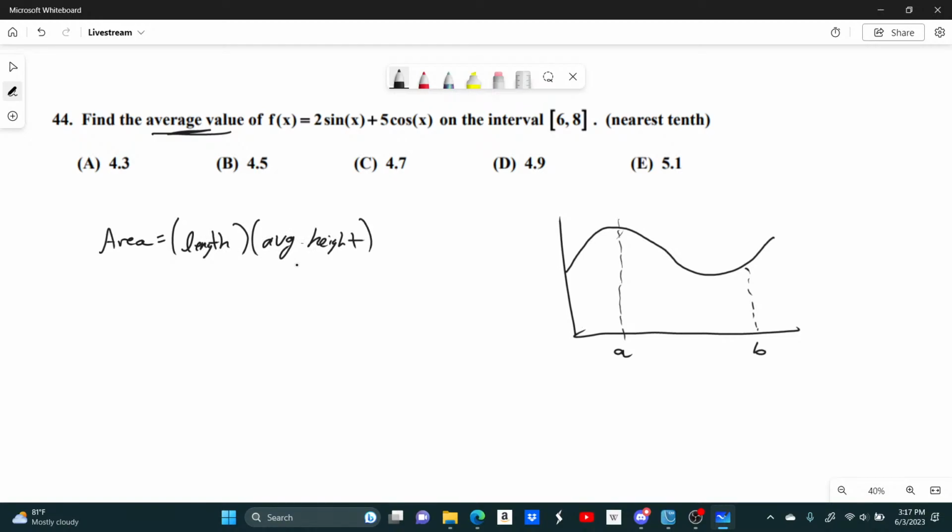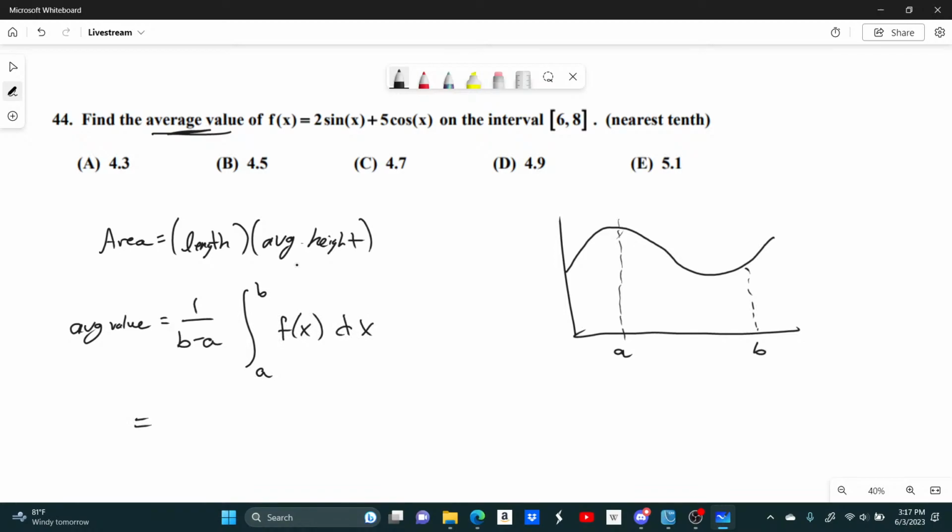Right. And your average height is the same thing as your average value. So the way you write this is, the average value is 1 over b minus a, the length of the interval, one side subtracted from the other side. And then my area, of course, is just this integral of f of x dx.